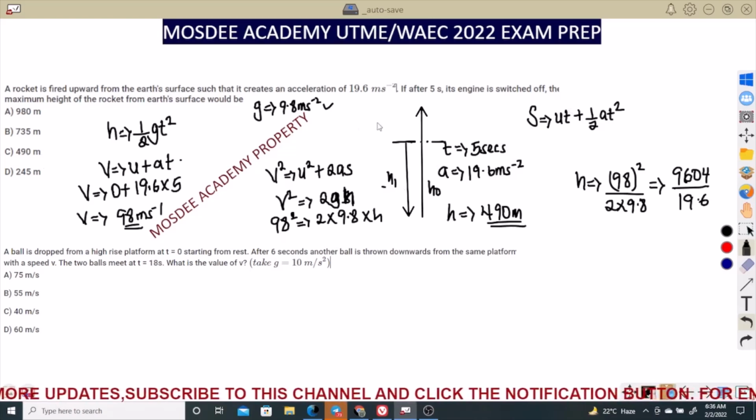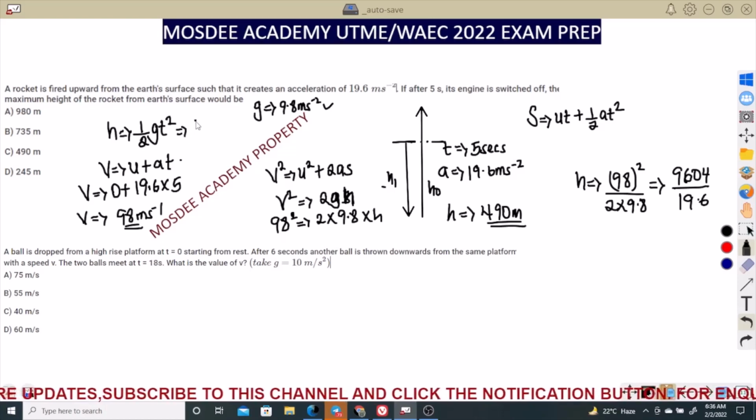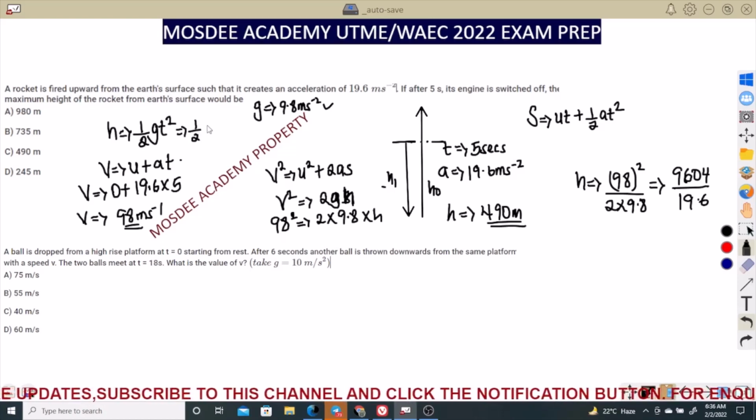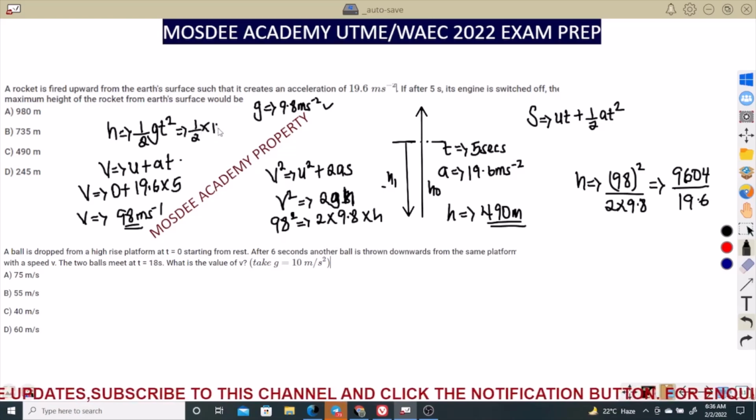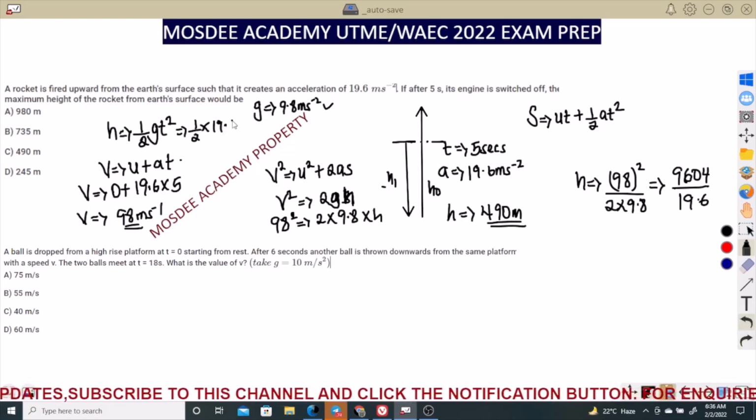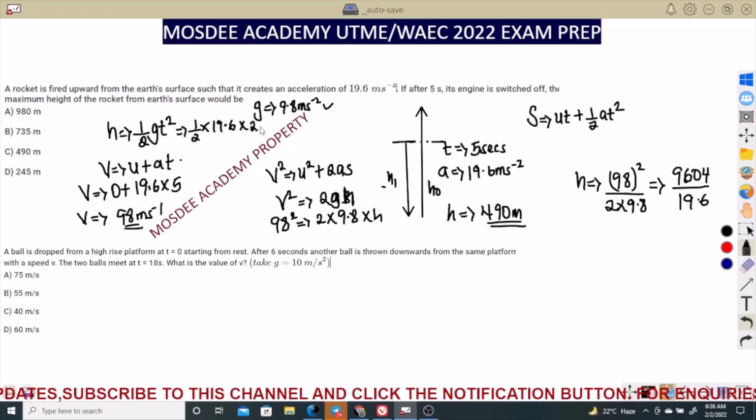So now, similarly, from h equals half gt squared, half at squared, you can say this is the same thing as I'm using half times... No, this is not 10. 80 squared, horizontal distance. That is what? 19.6 times 25. Where is 25 coming from? Half 80 squared. This is 0.